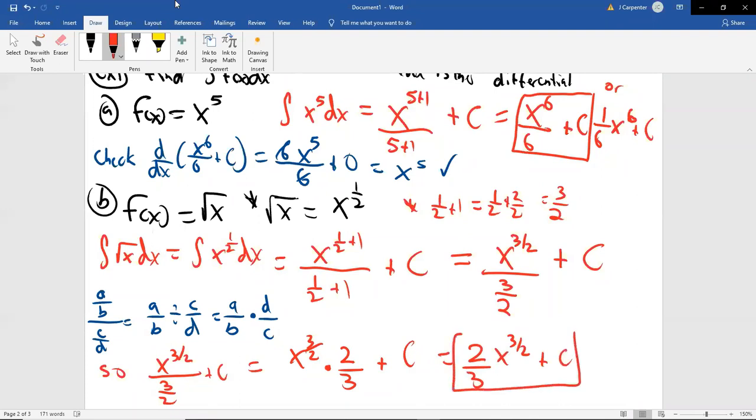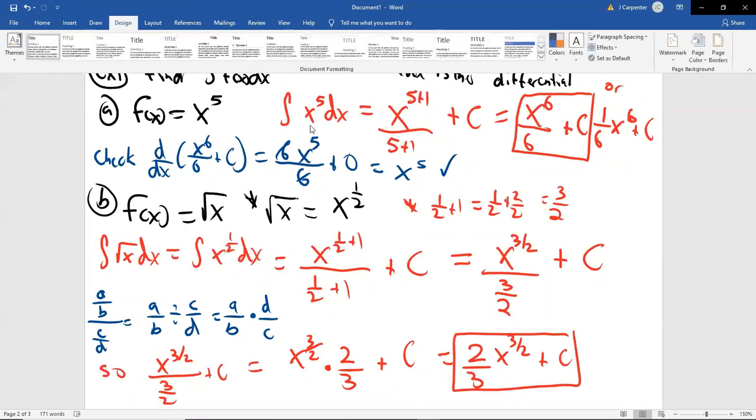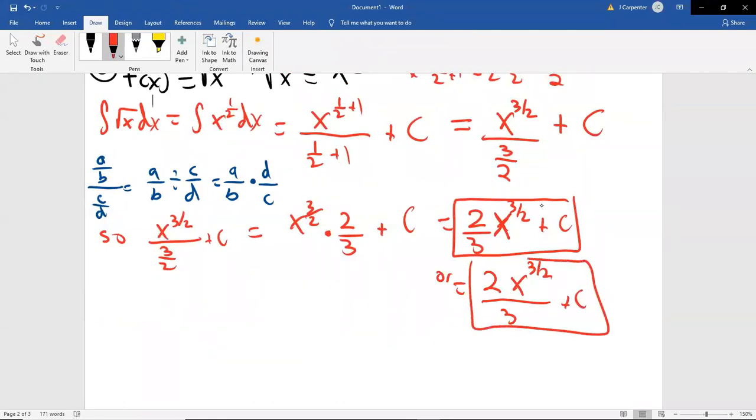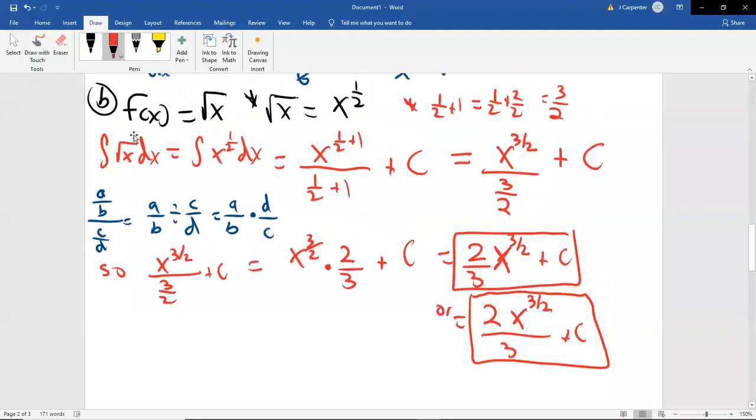This is our antiderivative. This has the x to the side of the fraction. It could also go in the top. So you could go 2x to the 3/2 over 3 plus c. Now, I have these boxed up, but I really don't like these answers because the original problem was in radical form.